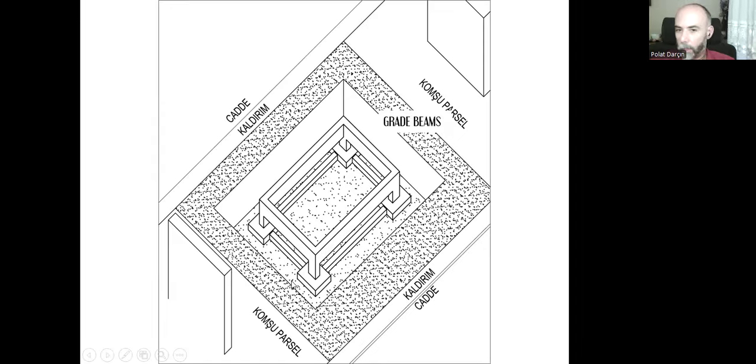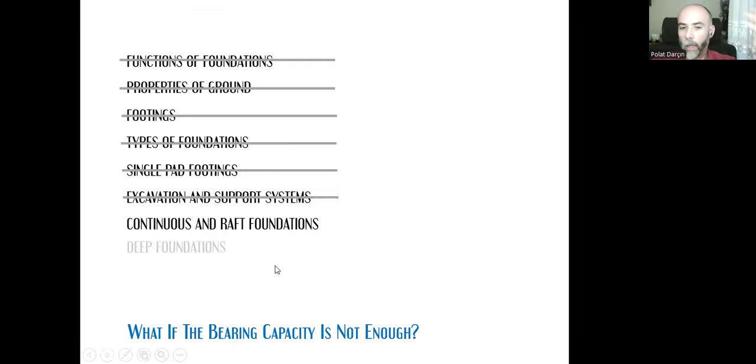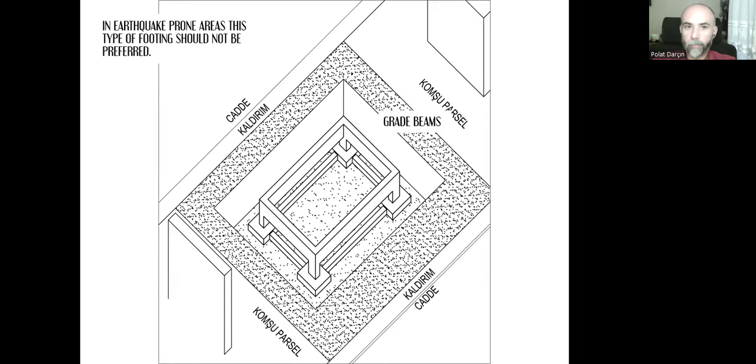Since they are separated, even if we tie them with tie beams, they are still separated, and there will be different levels of bearing capacity on this ground area. And what if the bearing capacity is not enough? We need to change the system, either doing continuous footing or raft foundations, or deep foundations, obviously.